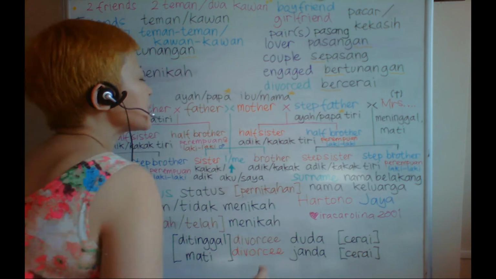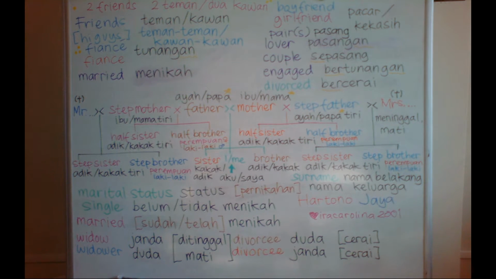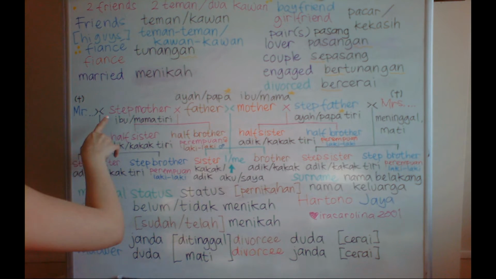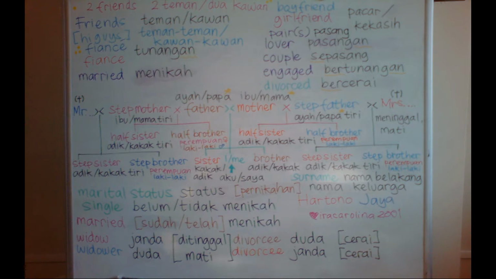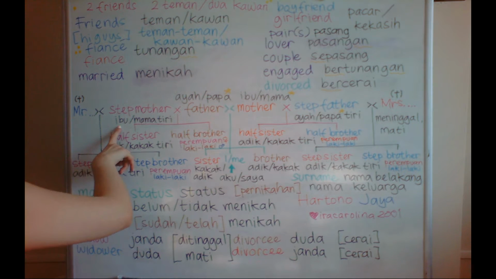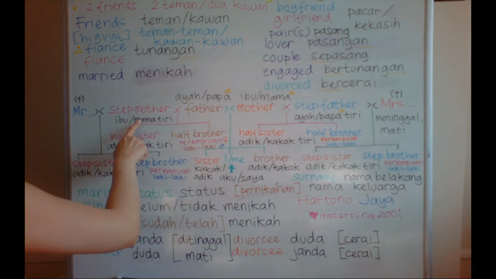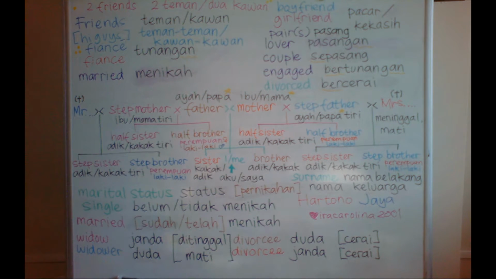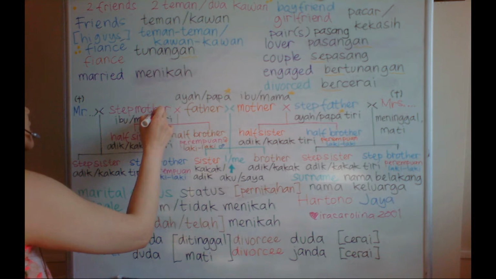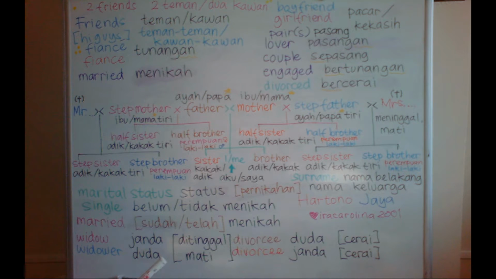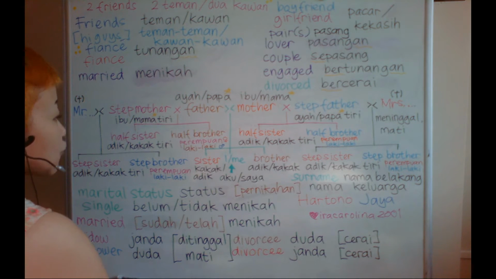Papa is informal or casual. Stepmother, ibu and then space tiri, or mama space tiri. Ibu tiri, mama tiri. This is casual or for daily life, but it's not formal, it's informal.